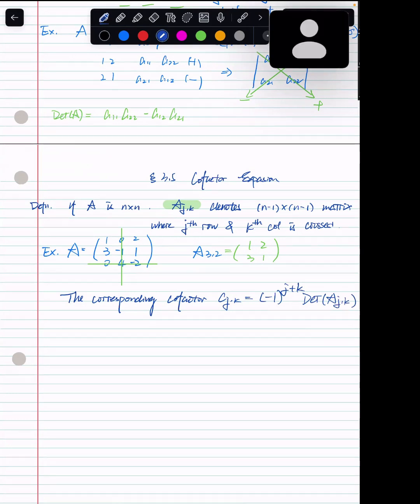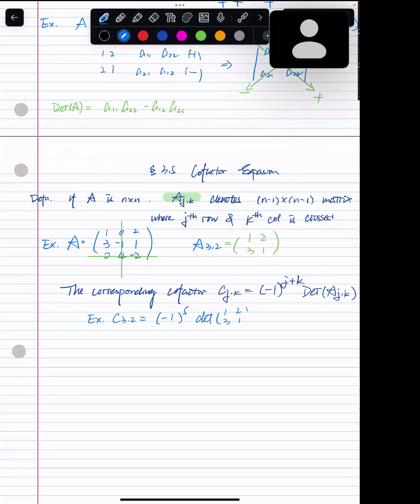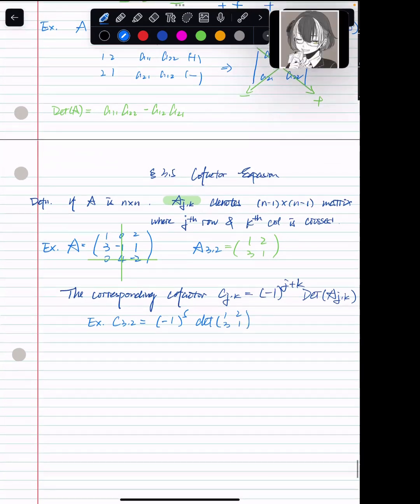So for example, in this case, C3,2 means I will do -1 raised to the 5th power, and then I find the determinant of 1, 2, 3, 1. That is 1 multiplied by 1 subtract 6, so it will be -1 multiplied by -5, which is plus 5.